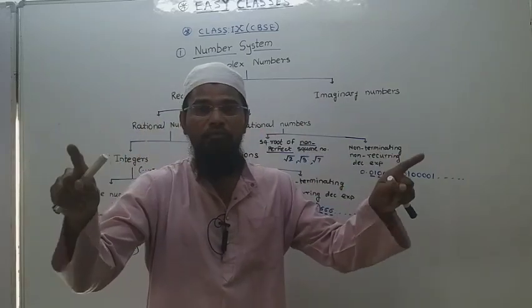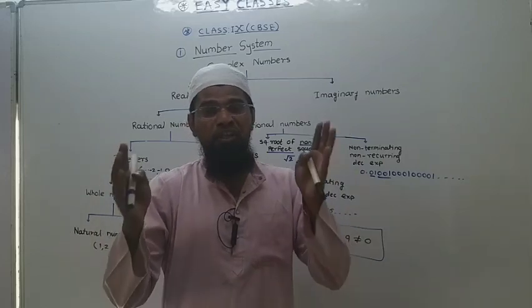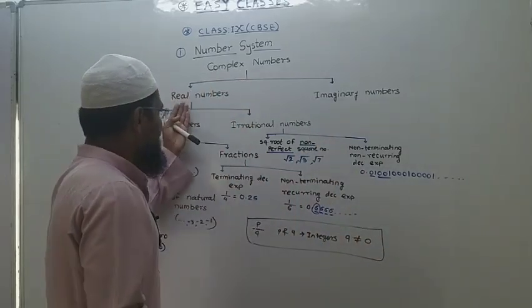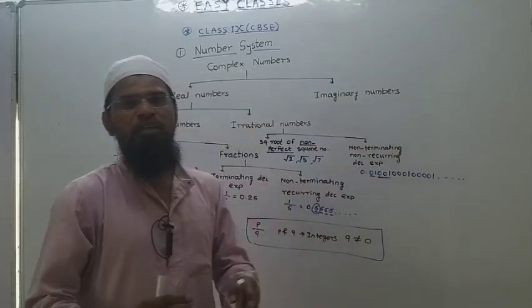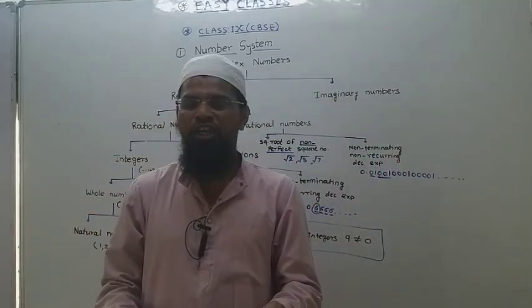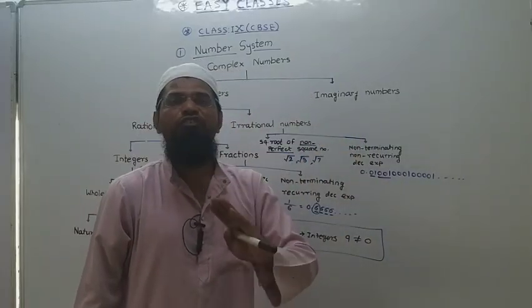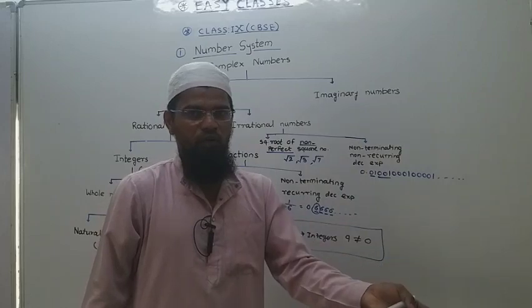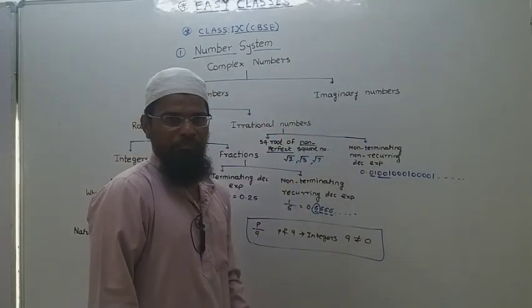What is a complex number? It is the collection of real numbers and imaginary numbers. Real numbers are the numbers which are real, and imaginary numbers are the numbers which are not real, which we can only imagine.